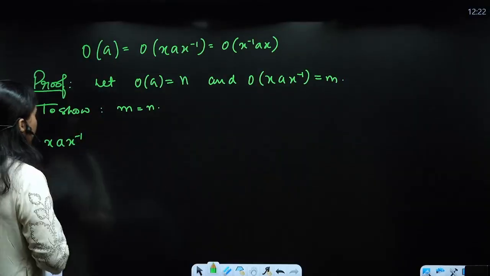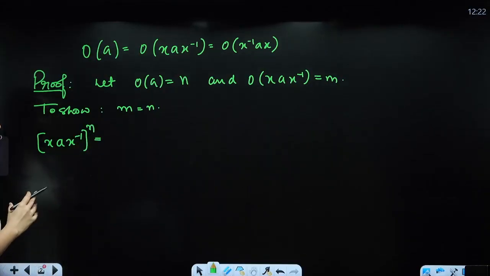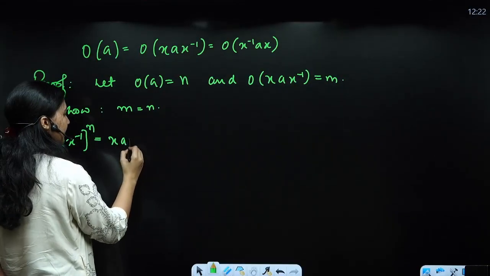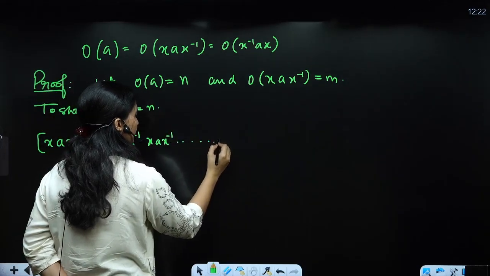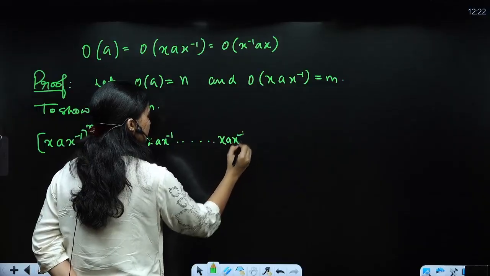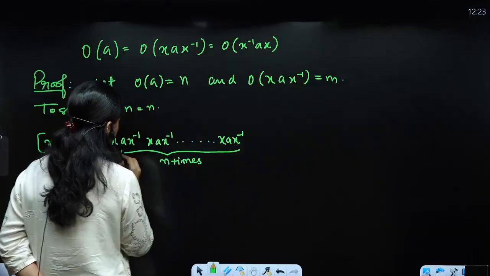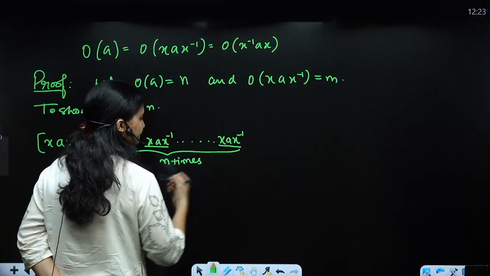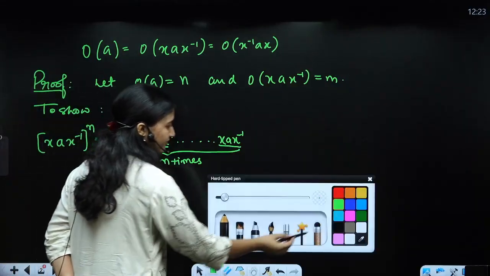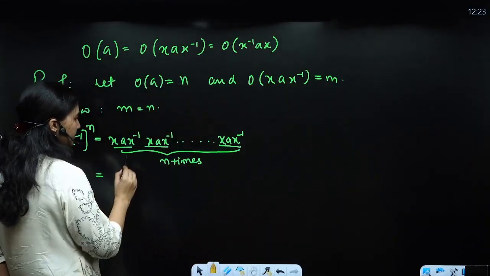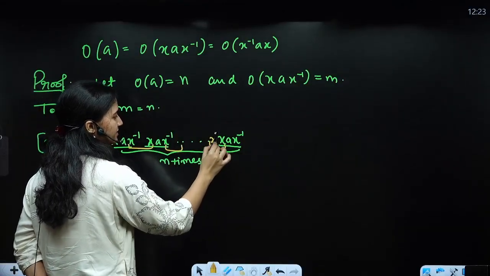Now can I write this as xAx inverse, xAx inverse, xAx inverse, n times, right? Each of this unit n times. Now pay attention, what am I going to get? Every time I have x inverse here and here, x inverse will come, right?